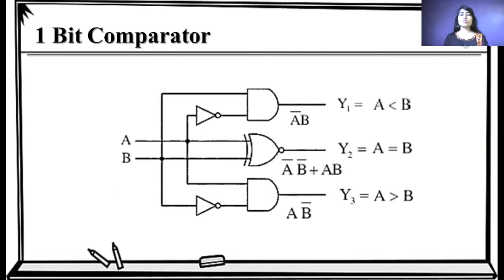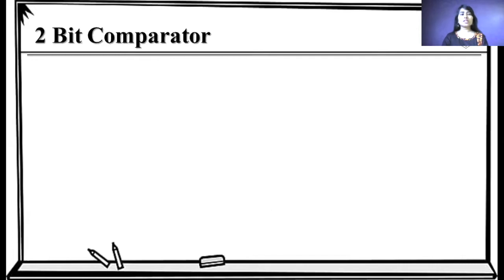For y1 we have A dash B. For y2 we have A dash B dash plus AB, which can be implemented using an XNOR gate. Then third, we have the equation for y3, which equals A B dash. So this is how we can design the 1-bit comparator from these logical equations. Now let's discuss the 2-bit comparator.